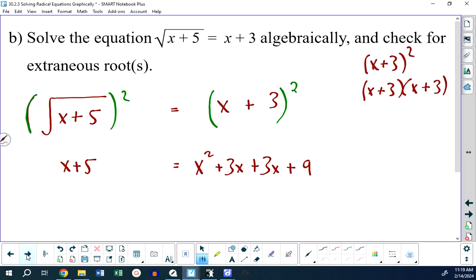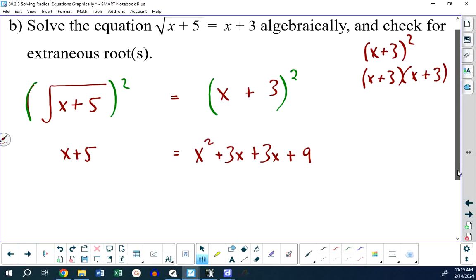I firmly believe that at any level in high school past grade 10 or 11, you shouldn't need to write it out that way, but even in my calculus class I do. Just to remind you, that's what we have to do. I think many of you would have just written x squared plus 6x plus 9.